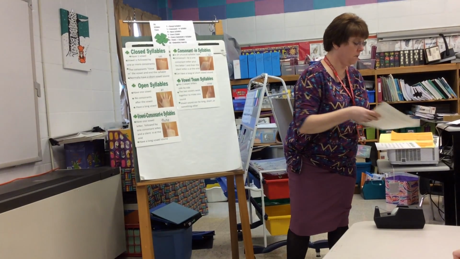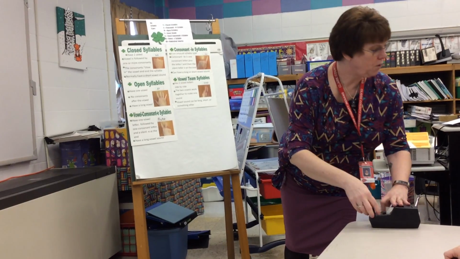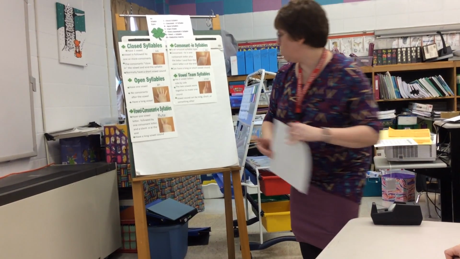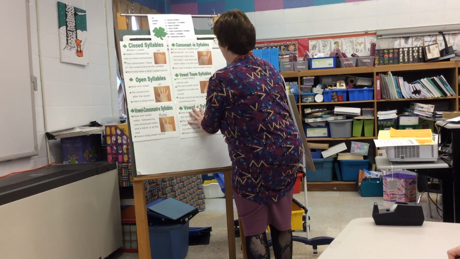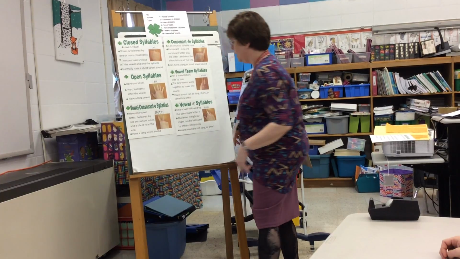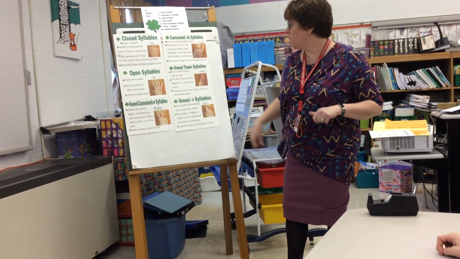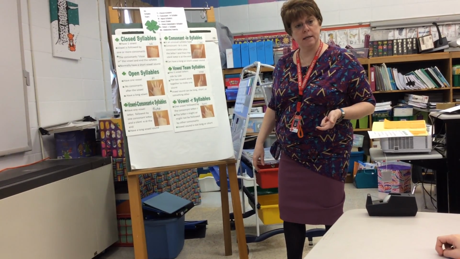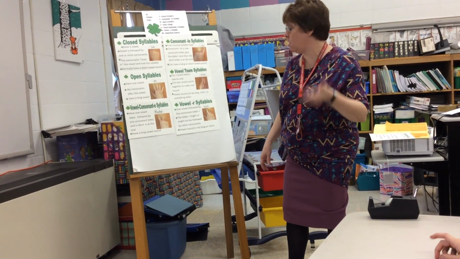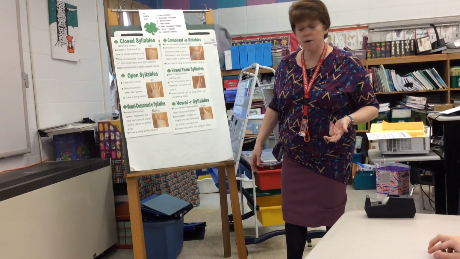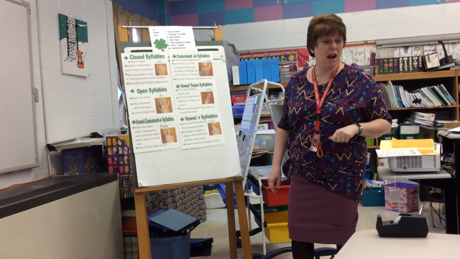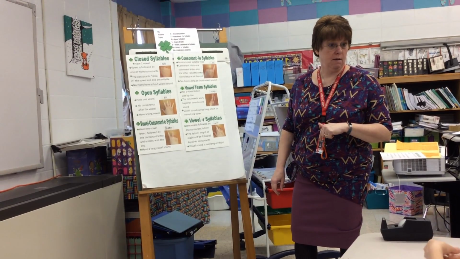Okay, last syllable type is the one that we talked about on Friday. R controlled. And on this poster I put vowel R, but you guys will remember that it is R controlled vowels. R controlled vowels are one vowel followed by a consonant. And what is that consonant always? R. The vowel and the R go together to make it that R controlled vowel. The letter R might or might not have consonants after it.